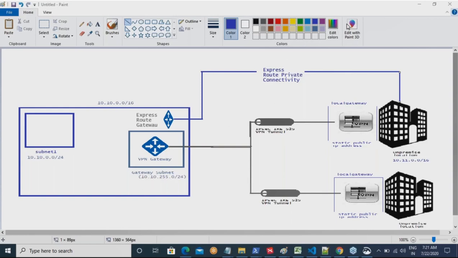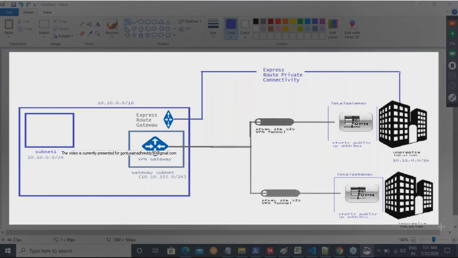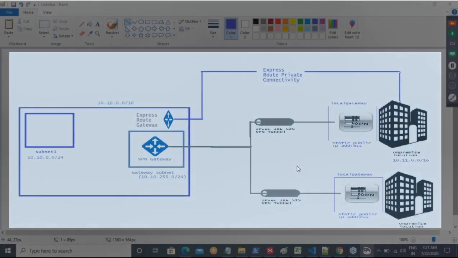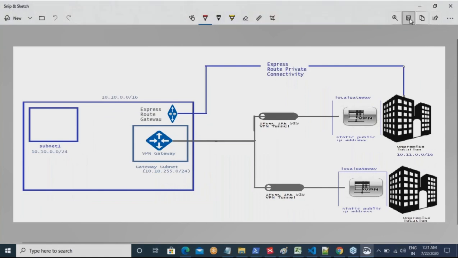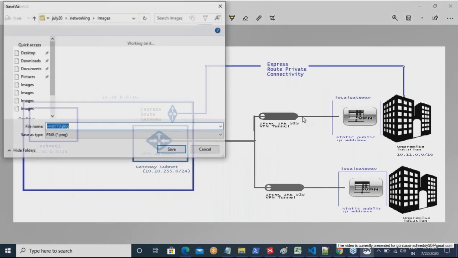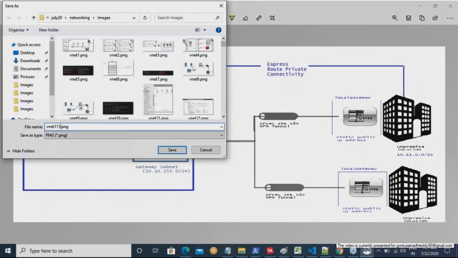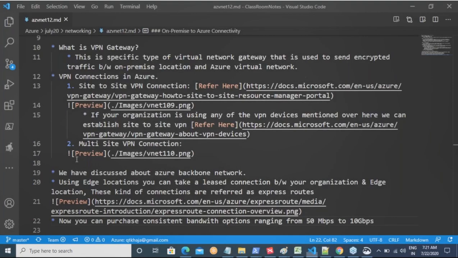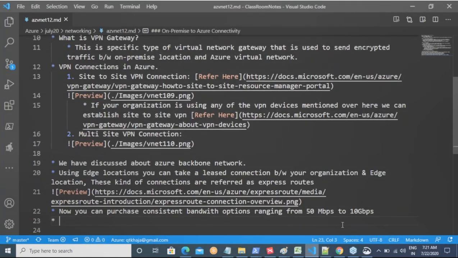This is also one kind of connection that is possible between your virtual networks and your on-premise location. But as I said, this last option is considered costlier. Site-to-site VPNs and Express Routes can coexist.